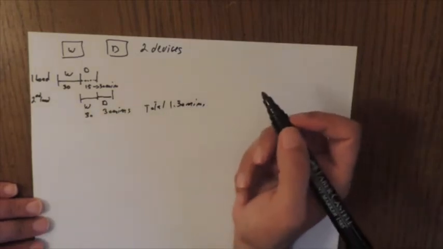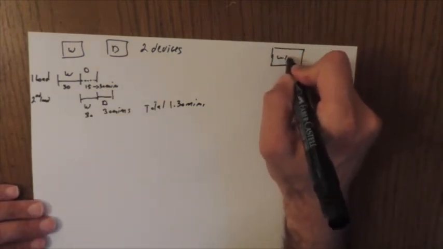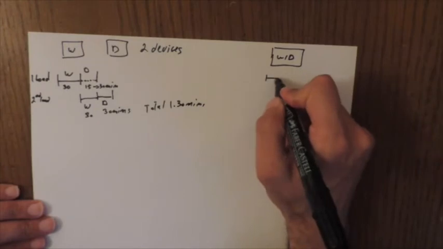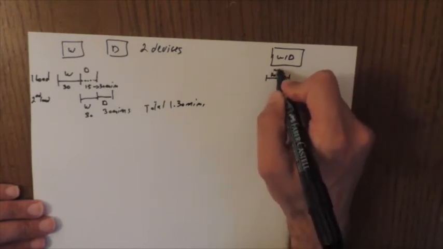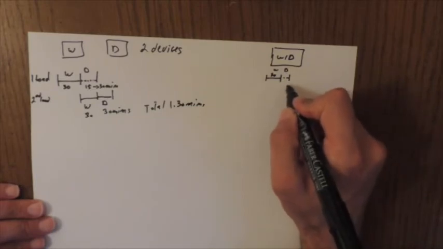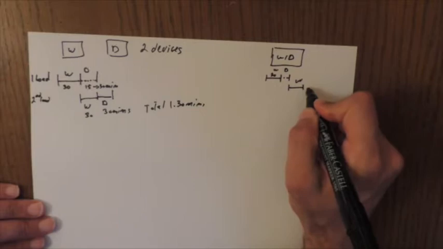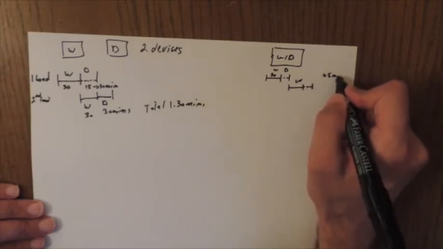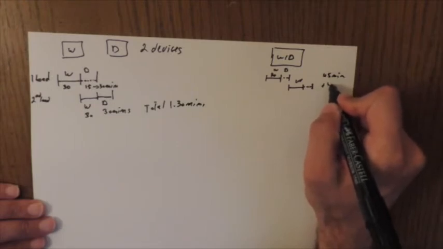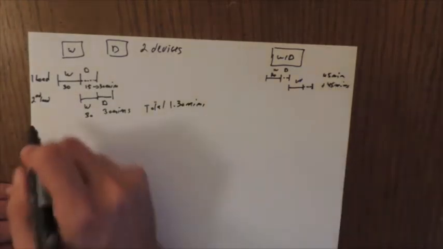Well, wait, this is the same as before. Remember when we had a single washer dryer, we had 30 minutes and then 15, this is wash and dry, and then we had also wash and dry, so this is another 45 minutes plus 45 minutes, so it's taking the same time. What if I have a third load?